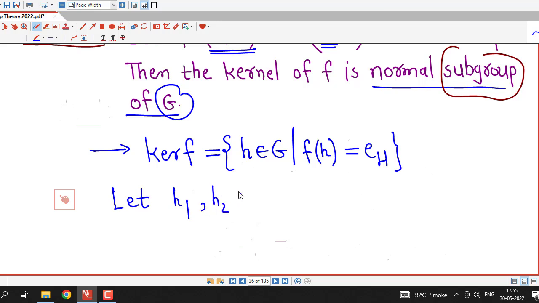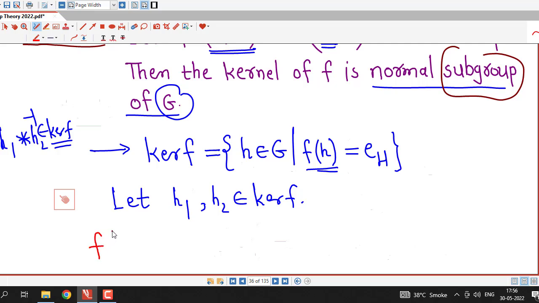Let h1, h2 belong to kernel of F, and I have to show that h1 star h2 inverse is also in kernel of F. So to prove that this element is in kernel of F, I have to show that the image of this element under this homomorphism F is identity in H. So I start by taking F of h1 star h2 inverse.